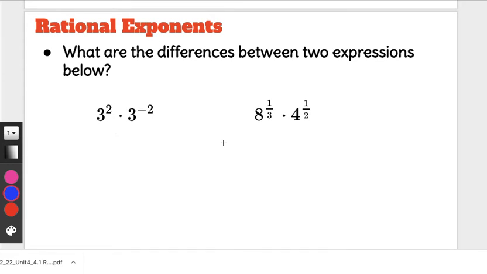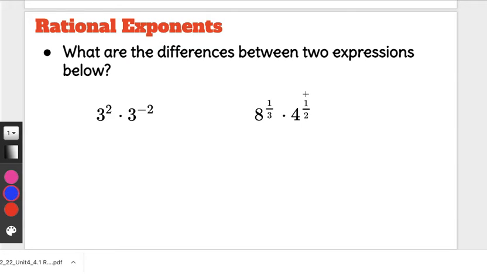So compared to these two, what differences do you notice? Some students already noticed that. It's very obvious. Before, we had whole numbers as exponents. We have 2, we have 0, we have negative 2, all kinds of integers to deal with as exponents, right?